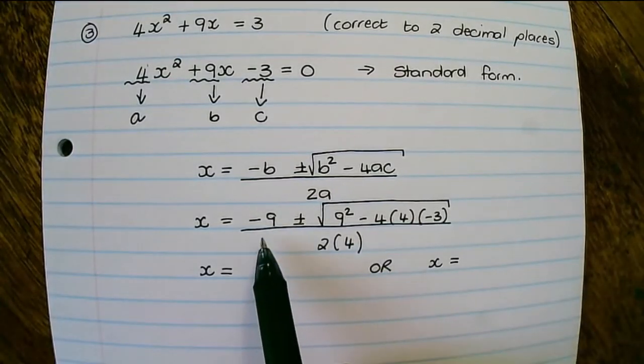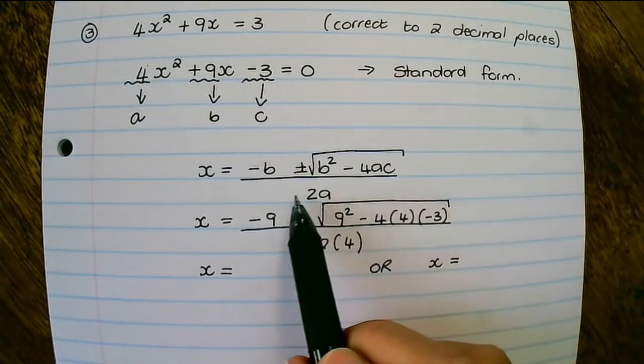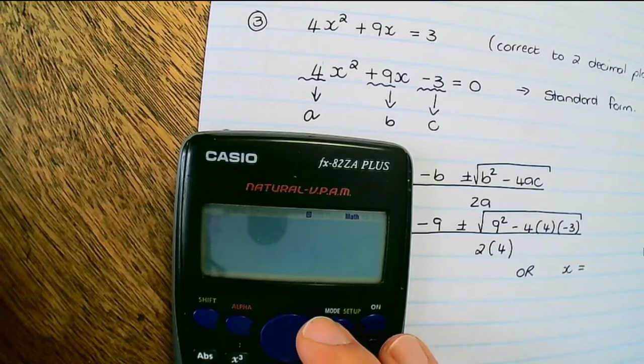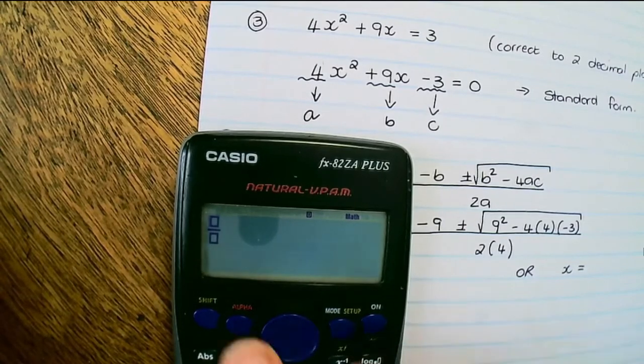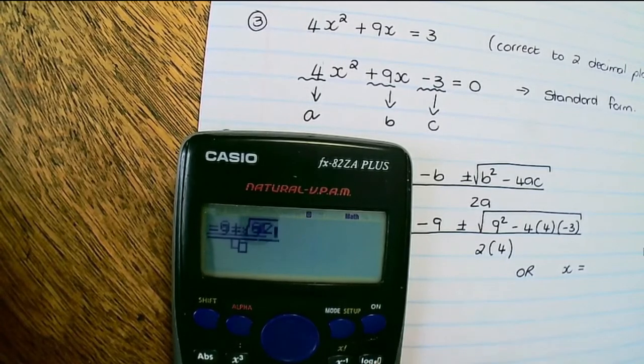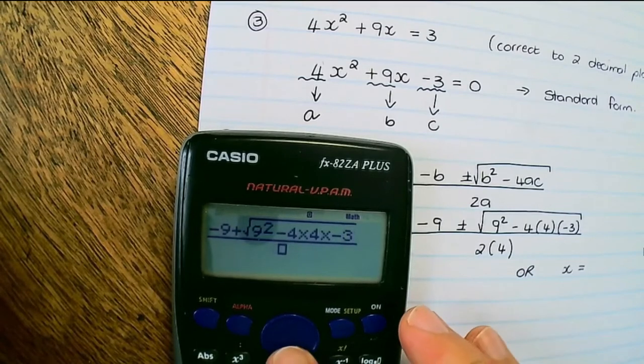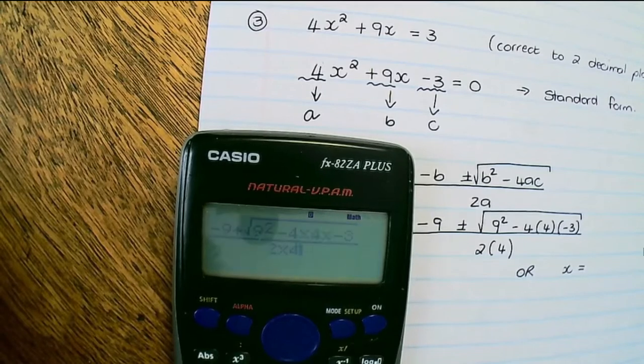Now you can build this on your calculator. I create a fraction, and at the top I have negative 9 plus the square root of 9 squared minus 4 times 4 times negative 3, over 2 times 4, or 8.